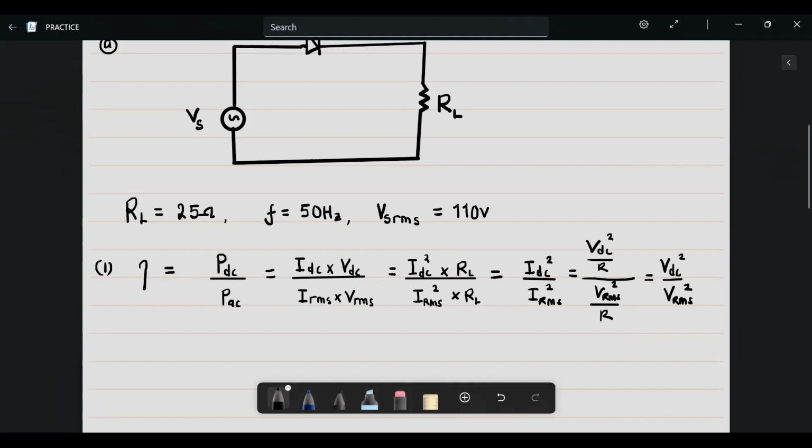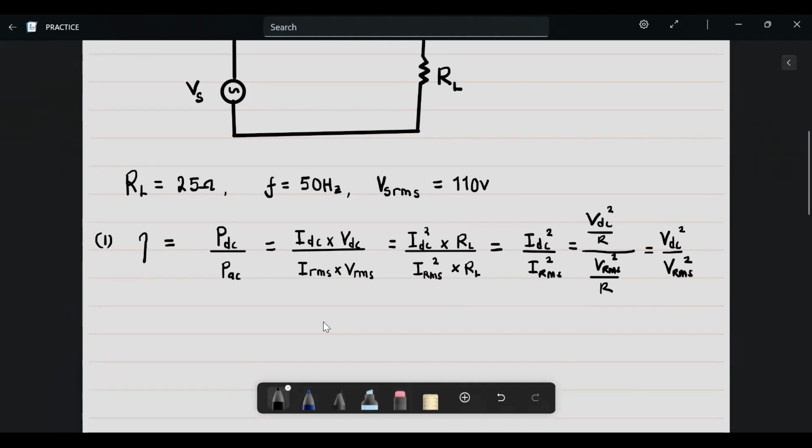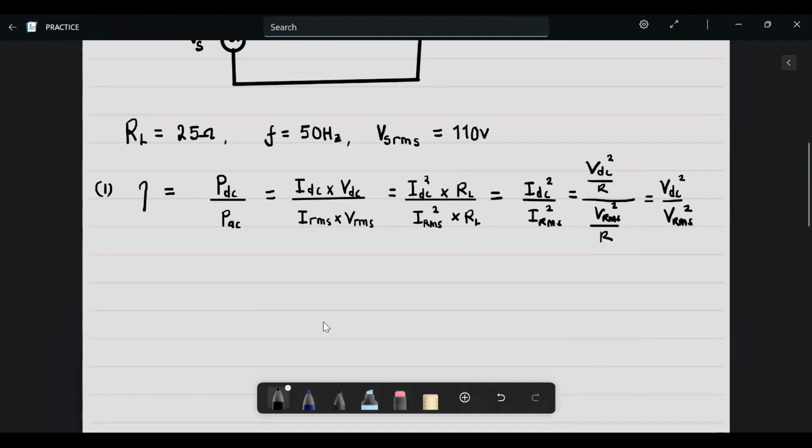So you can use any of these to find the efficiency. Now, from the given data, how do we find those parameters? You can find VDC. You need to understand that a half-wave rectifier has the following waveform, right?